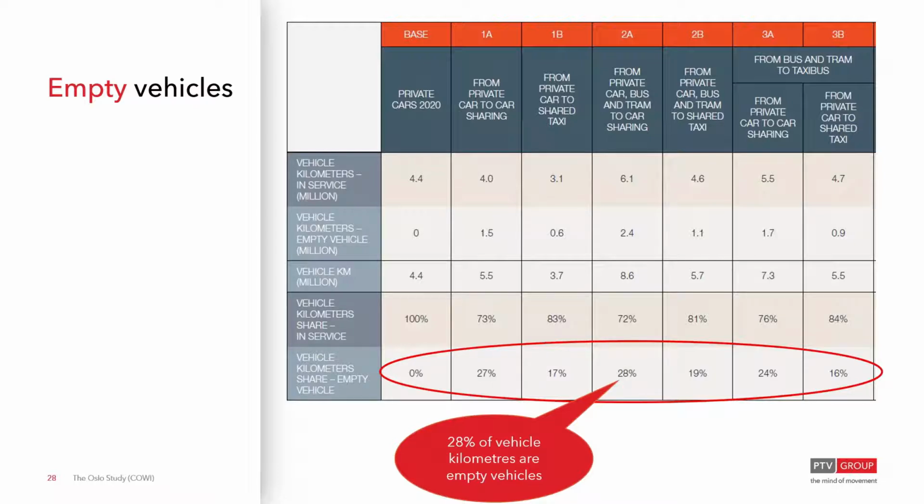That compares to the column right over on the left, the base reference case, which is just private cars as they are today, where of course there are no empty kilometers. So all of these empty kilometers are already, before you even consider how great the system is, adding to congestion. So you have to remove these empty kilometers from the success of your solution before you actually start showing a benefit.